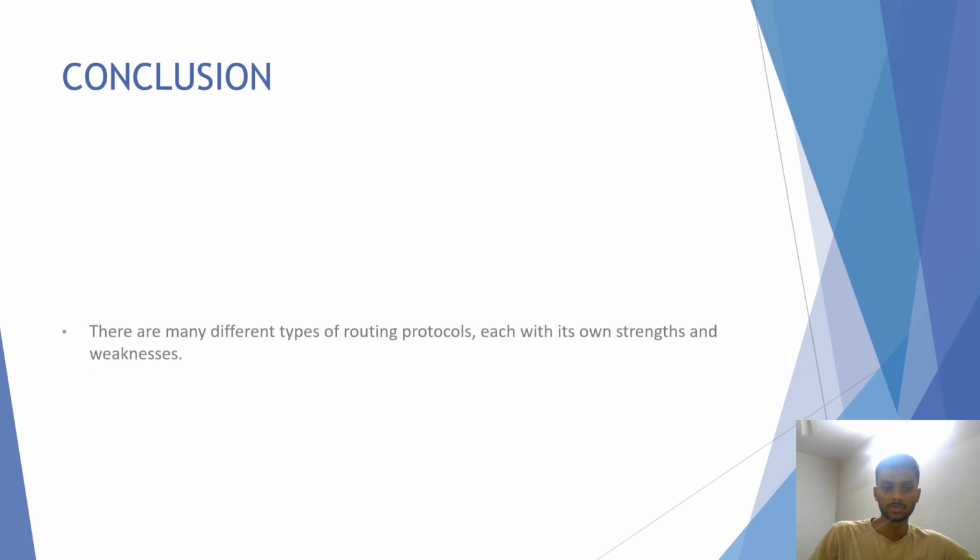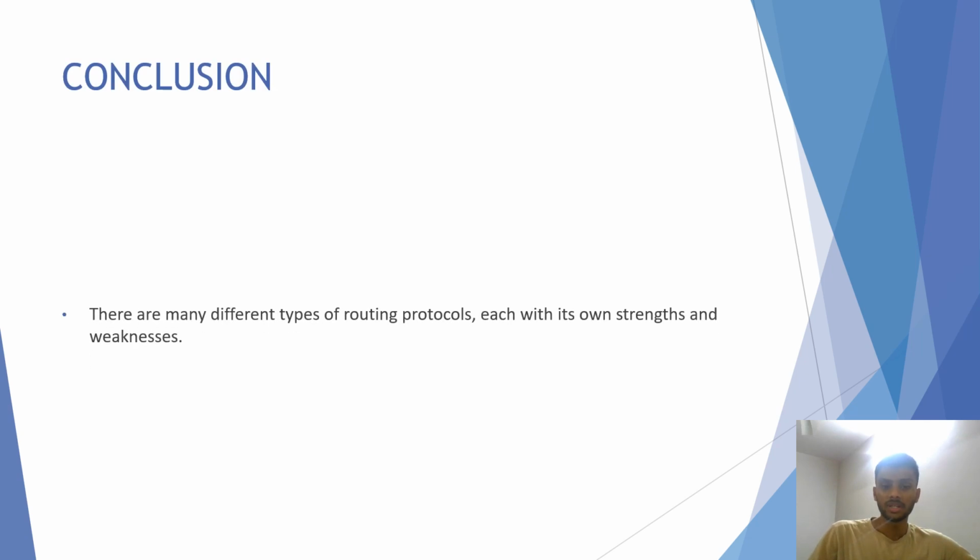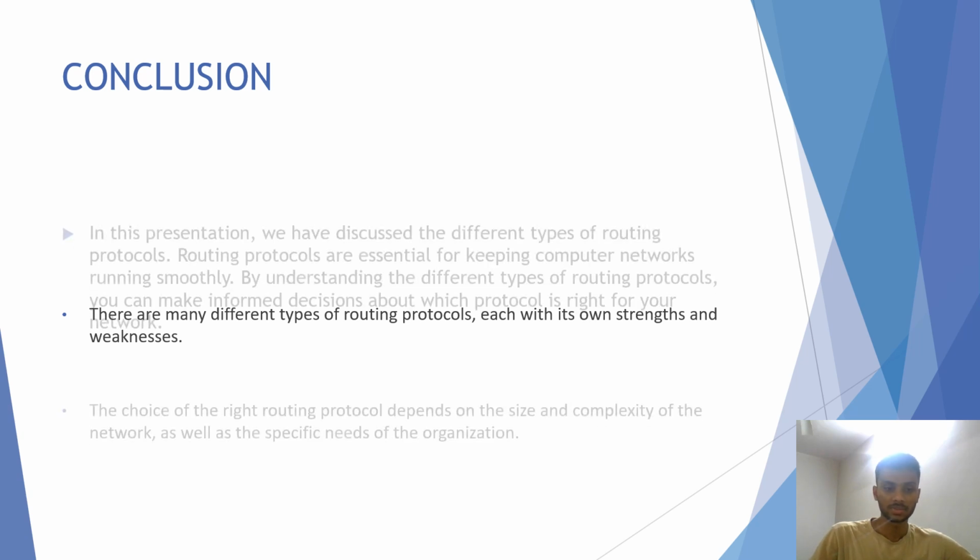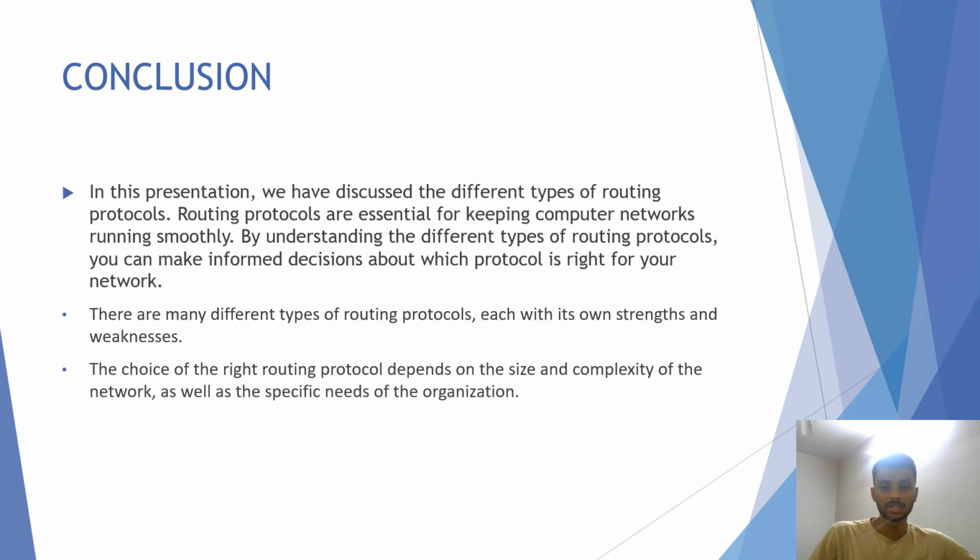Coming on to the last topic, in the end, we are going to talk about the conclusion. There are many different types of routing protocols, each with its strengths and weaknesses. In this presentation, we have discussed the different types of routing protocols. Routing protocols are essential for keeping computer networks running smoothly. By understanding the different types of routing protocols, we can make informed decisions about which protocol is right for us and the network we are using.